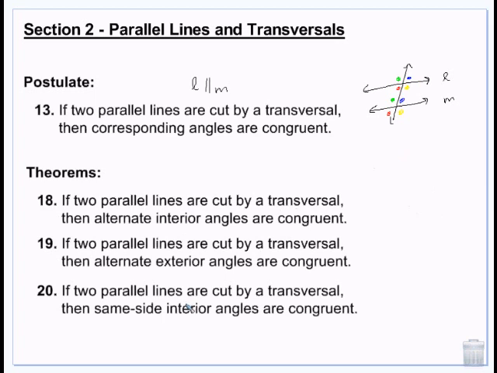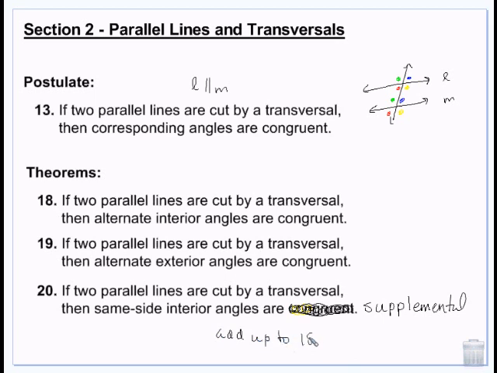We have three theorems. Basically, all of them are saying that L is parallel to M. If L is parallel to M, alternate interior angles are congruent, alternate exterior angles are congruent, and same side interior angles are supplemental, so they add up to 180.